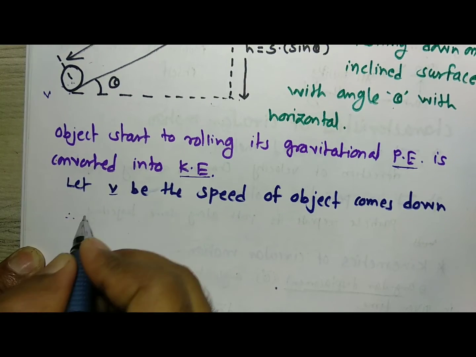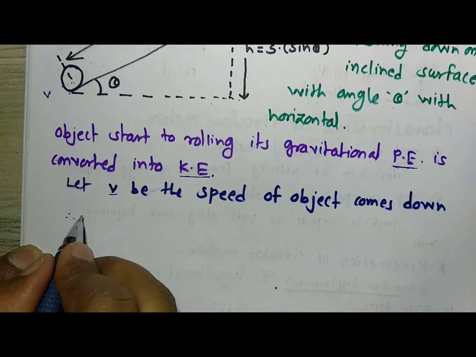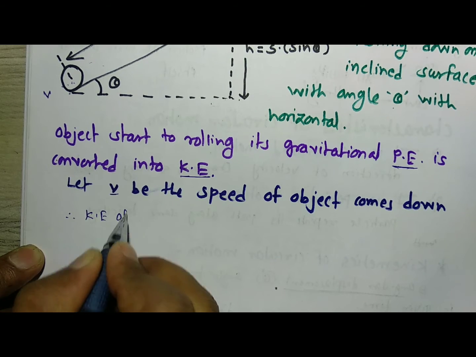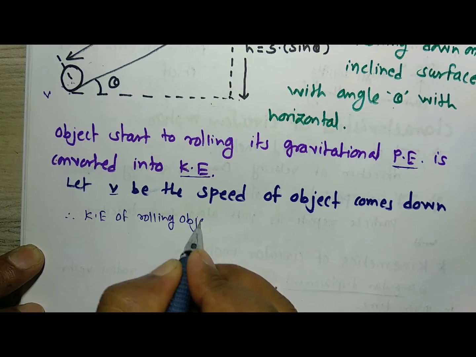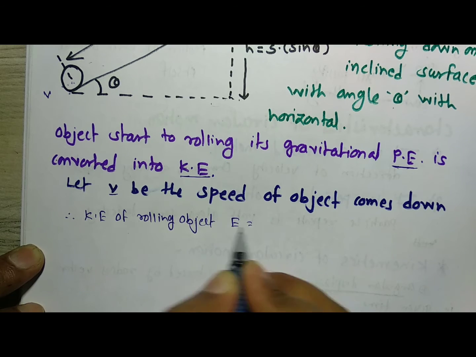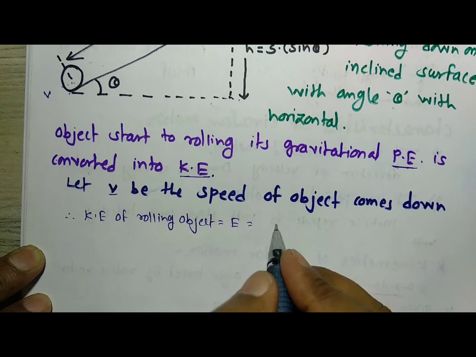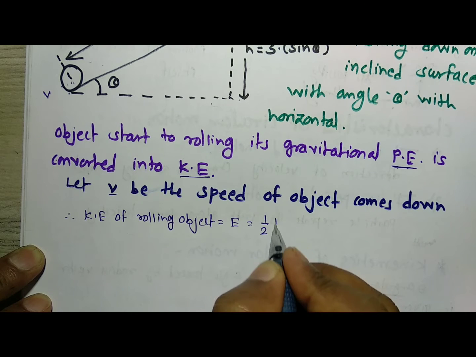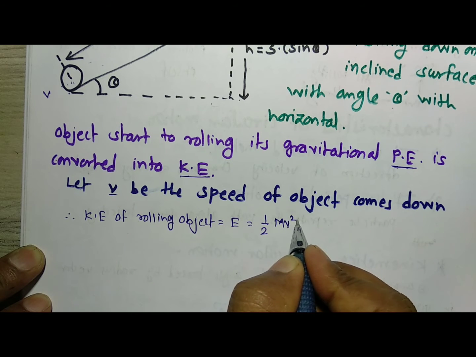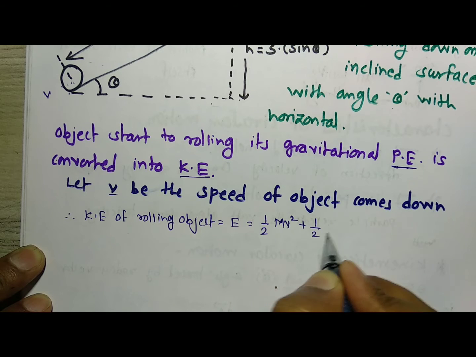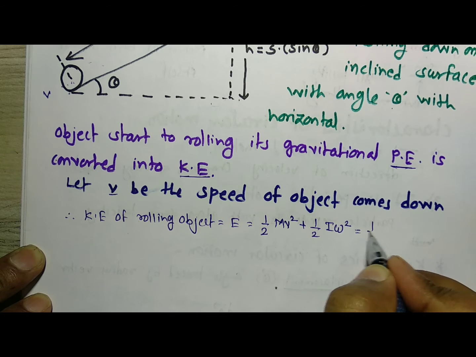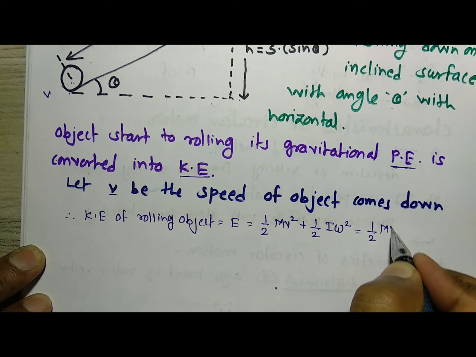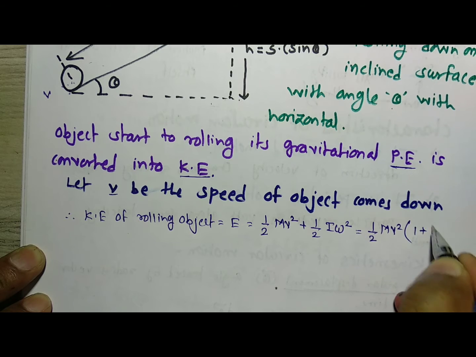Therefore the kinetic energy of the rolling object, E, is a combination of the kinetic energy of translational motion and the kinetic energy of rotational motion, and by using this we get E equals 1/2 m v square times the bracket 1 plus k square divided by r square.